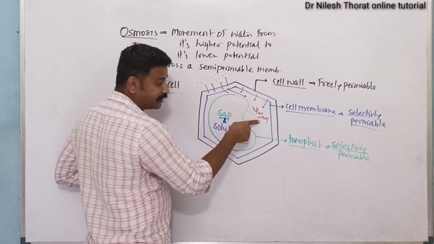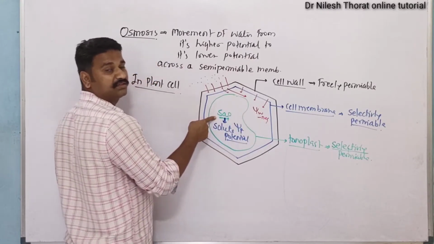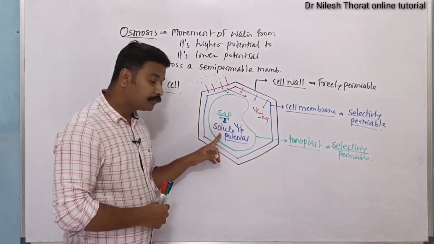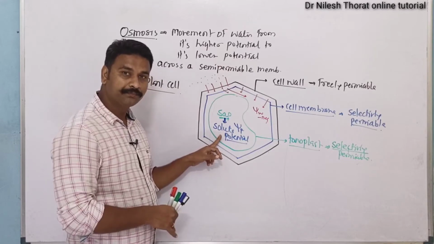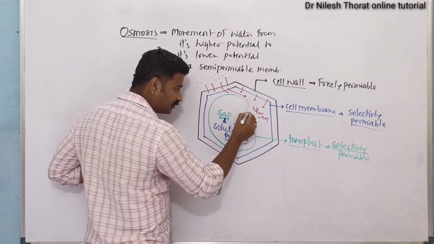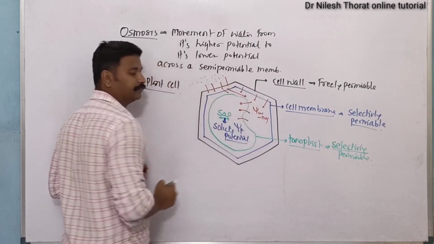Now compared to this water potential of cytoplasm, as the vacuolar sap will have more amount of solute, the water potential inside the vacuole is still more negative, and that's why the water will go from cytoplasm to vacuole.